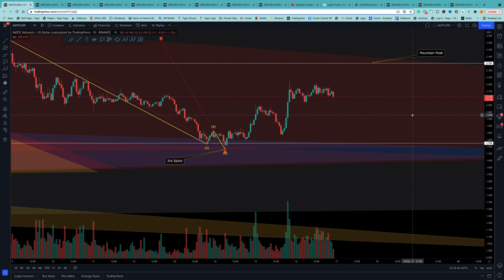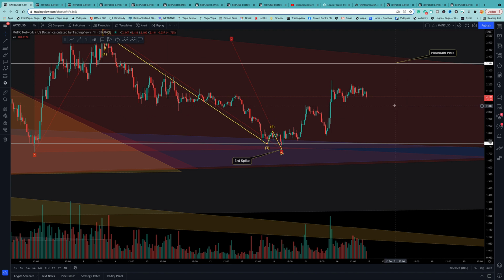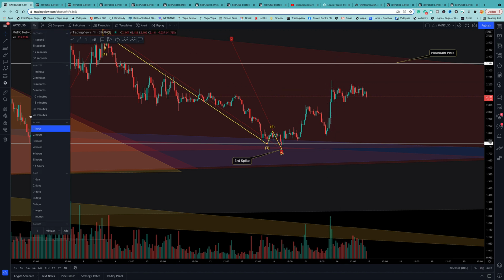Then you got this sideways action. It's possible that this here is the, maybe this is the top. Do you think that this might be the top?